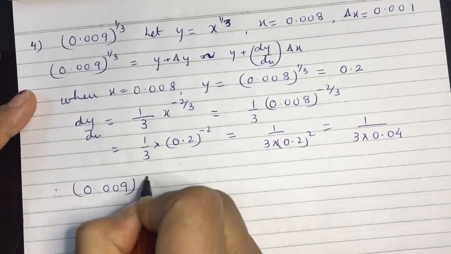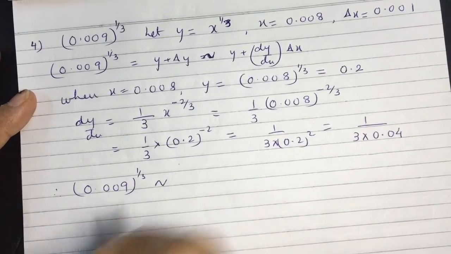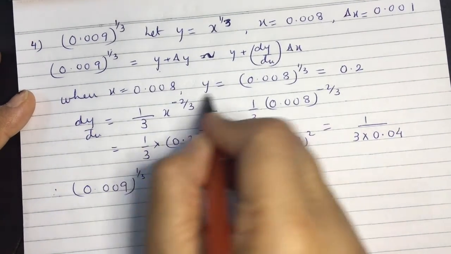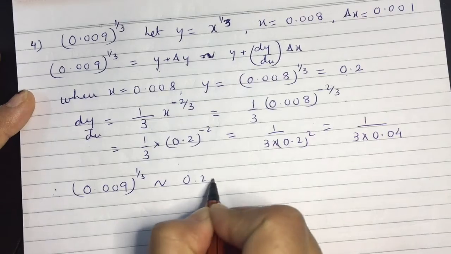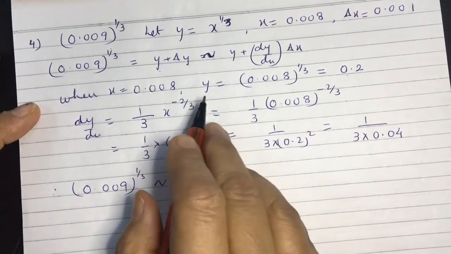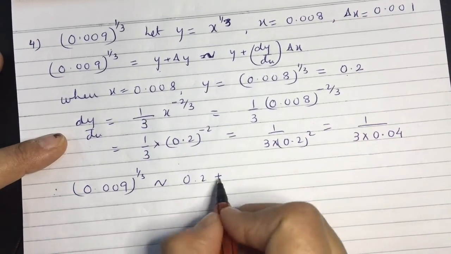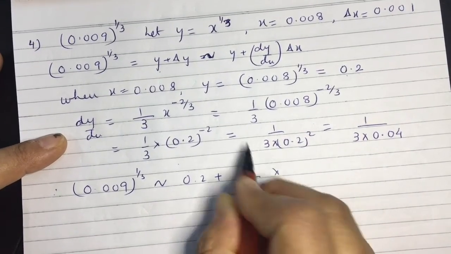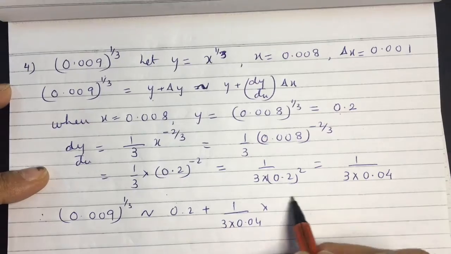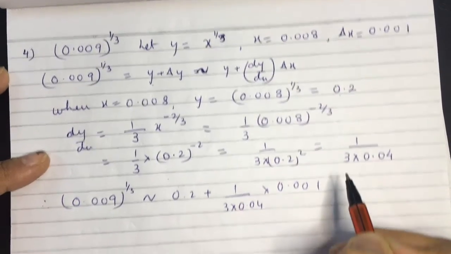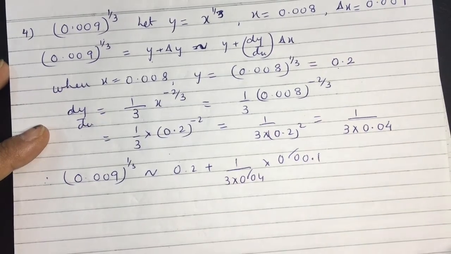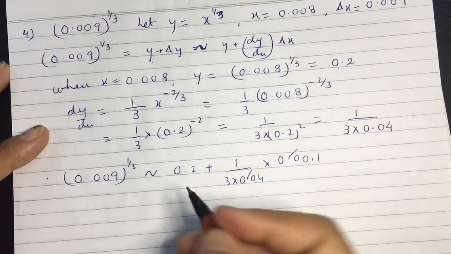Now therefore 0.009 is approximately equal to y. y is equal to 0.2 plus dy by dx, which is equal to 1 over 3 into 0.04 into delta x, which is equal to 0.001. This gets cancelled, you are left with point here. Now solve it.